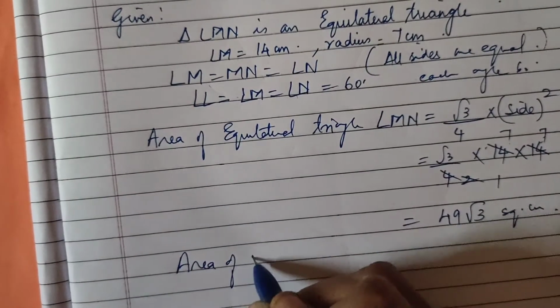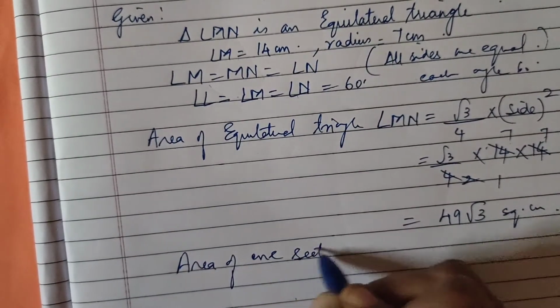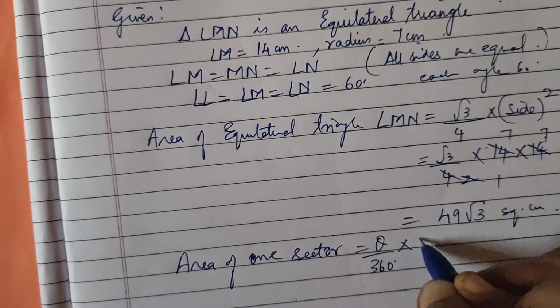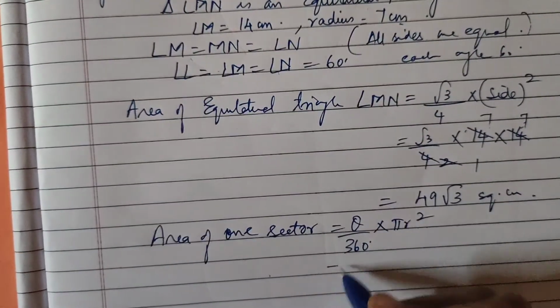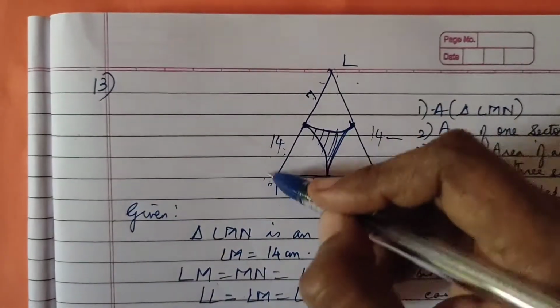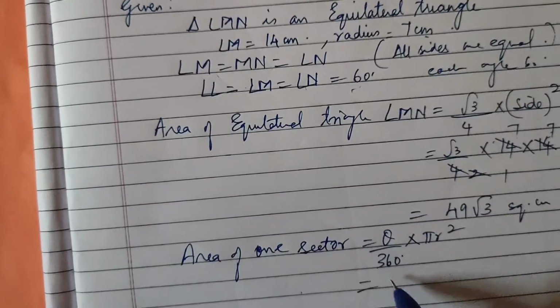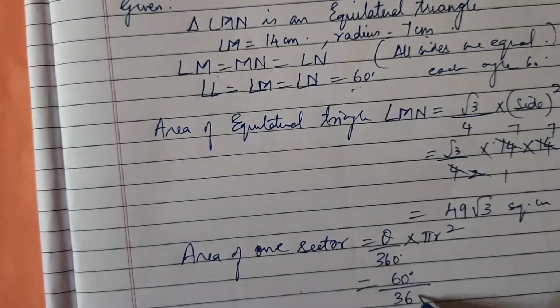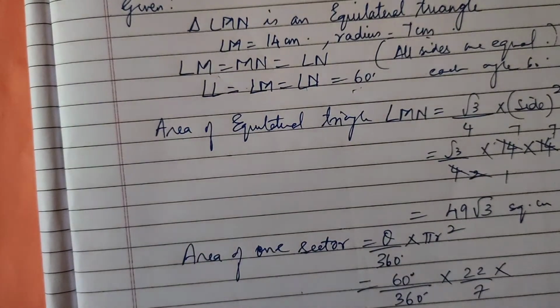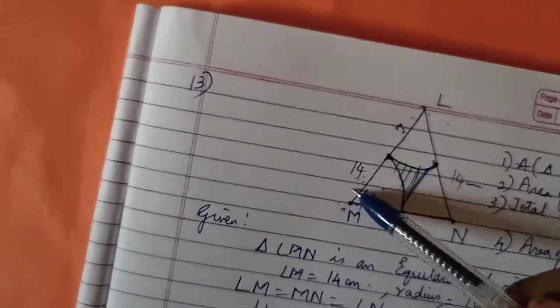What is the formula for the sector? Remember, theta upon 360 into pi r square. So we write it like this. Theta. What is theta here? Each angle is how much we just said? 60 degree. That means this is 60. So we will write 60 degree upon 360 degree into pi 22 upon 7. R square is what, my dear? R is this much only, right?